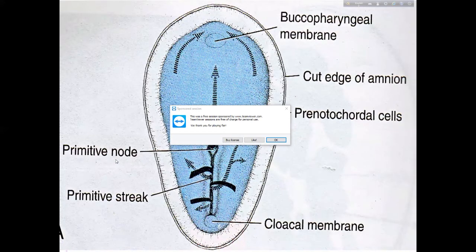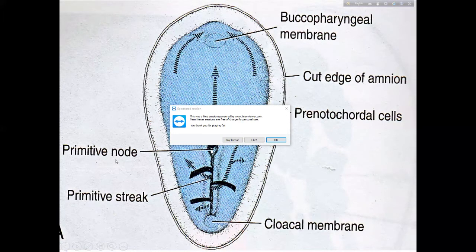So look at this figure, this is important. This is still a bilaminar embryonic disc, but we are in the third week. This is the primitive streak, and how it is formed, I told you. There is the primitive node, and a groove develops in the primitive streak by invagination of epiblastic cells. We call it the primitive groove, and here there will be the primitive pit.